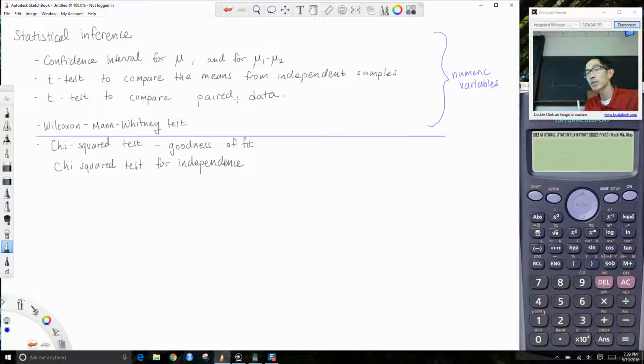This is all for numeric variables. The chi-squared tests will be for categorical data, or categorical variables. And this Wilcoxon Mann-Whitney test, I'm going to put a little star next to it, and this is going to be called a non-parametric test, and I'll explain what I mean by that.